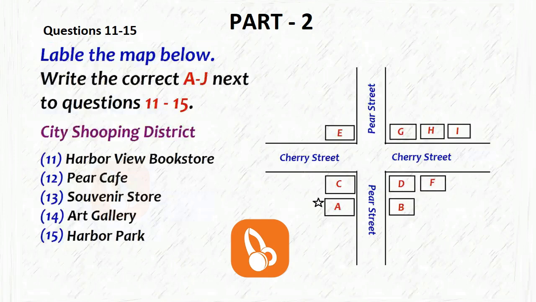Now, moving up Pear from the bookstore toward Cherry, the next building on the left is the Pear Cafe. You'll notice it's right on the corner of Pear and Cherry Streets. It's a great place to relax while enjoying a delicious cup of coffee or tea.